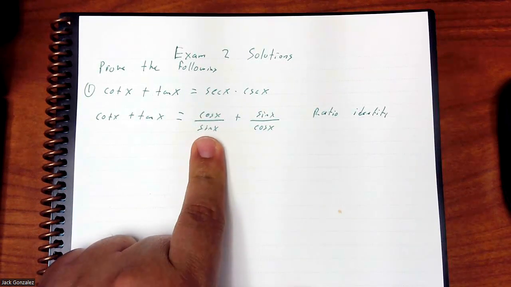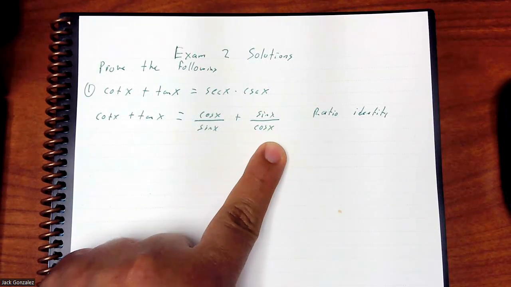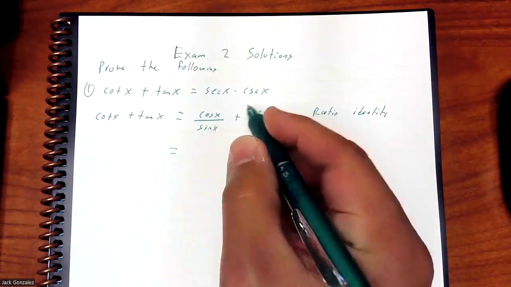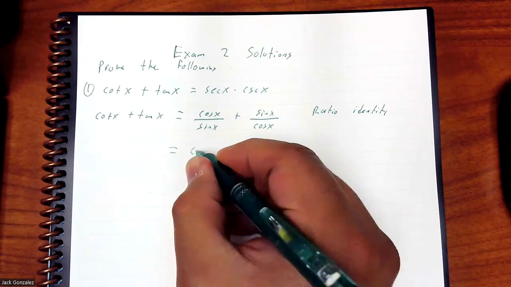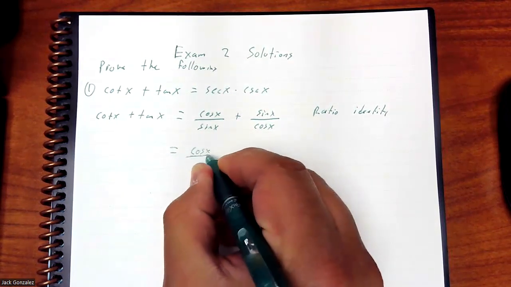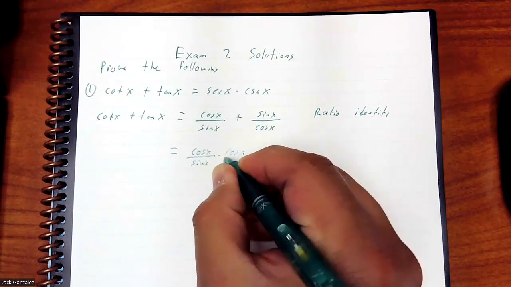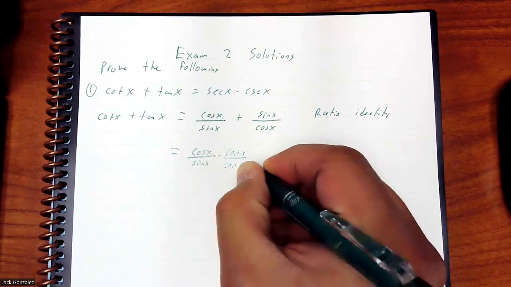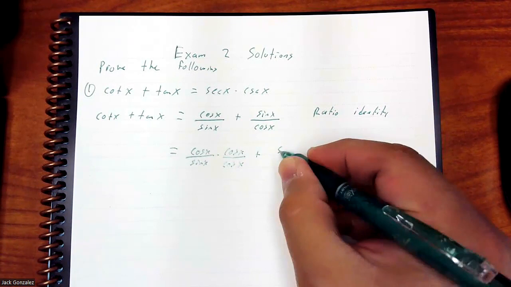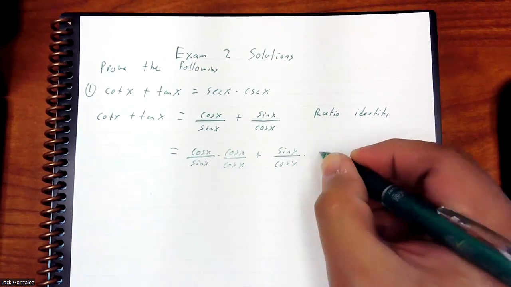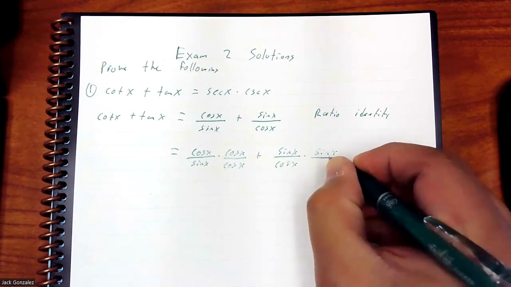The denominators are sine and cosine, so the LCD would be sine cosine. So multiply this first one by cosine over cosine, plus sine x over cosine, so multiply this guy by sine over sine.